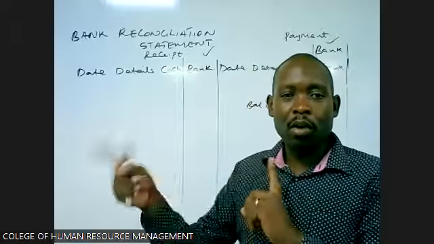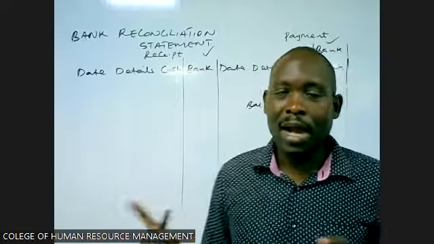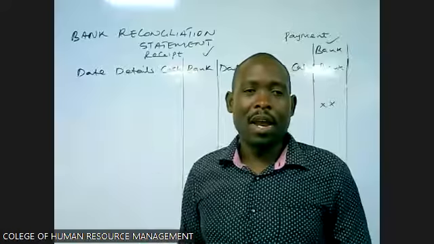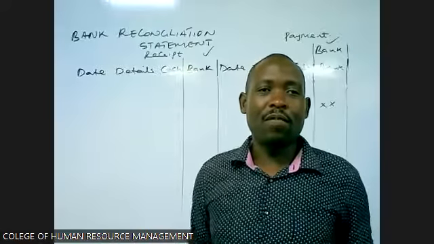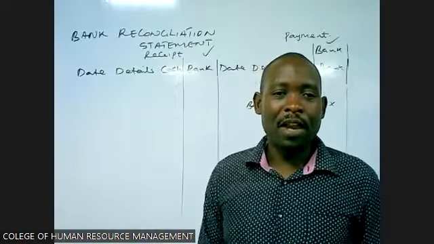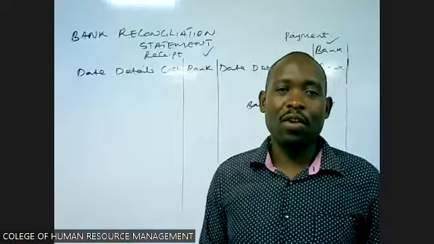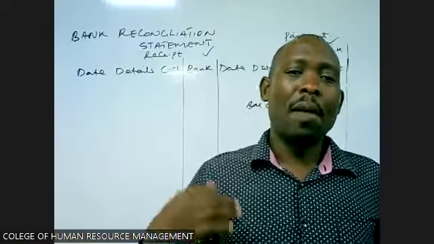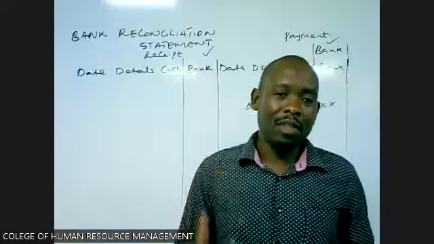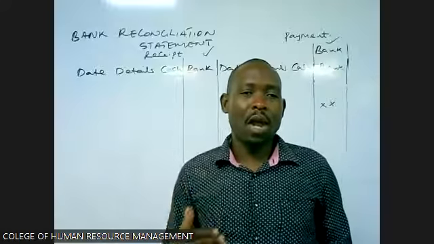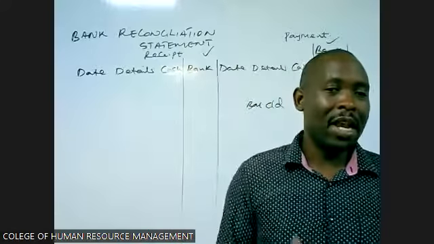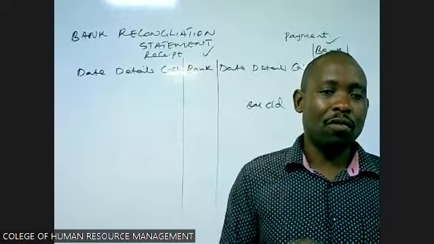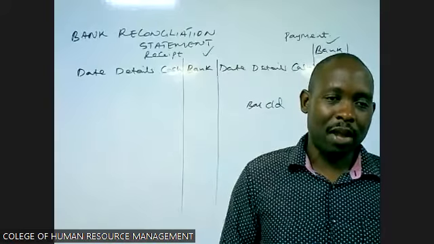So we are comparing bank, not bank and cash. If they are supposed to be the same, and yet we have confirmed they are not the same, then we need to find out why, because they are supposed to be the same. So a bank reconciliation statement is a statement that explains why the cash book bank column balance differs from the bank statement balance, for the same period of time.